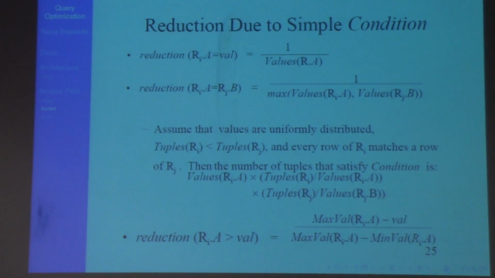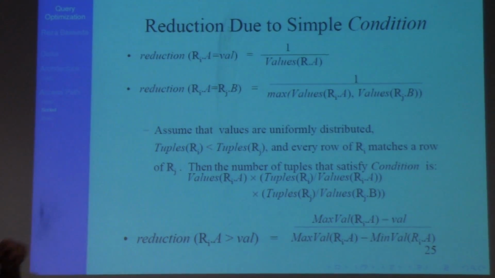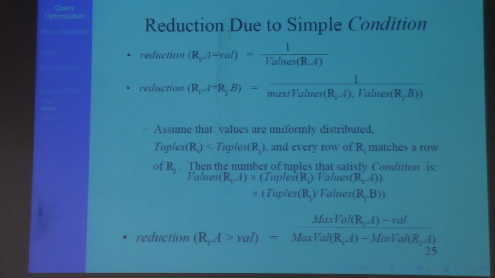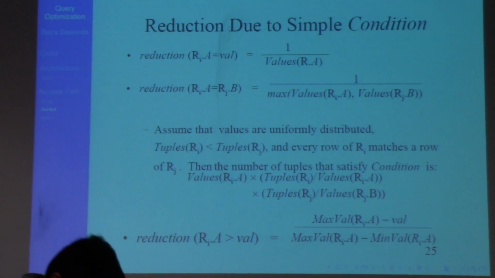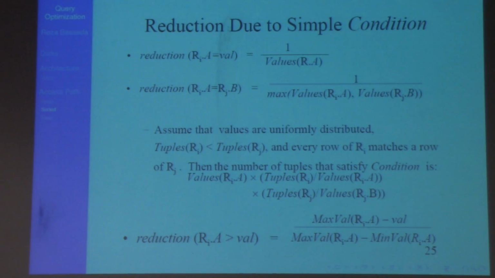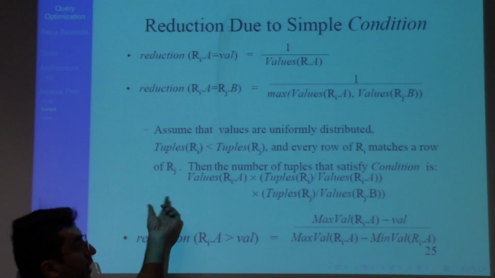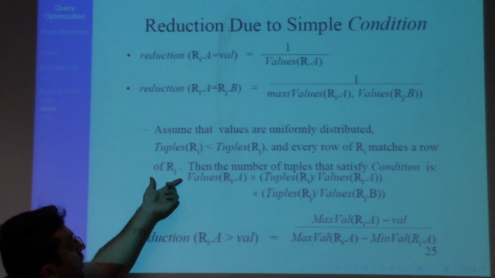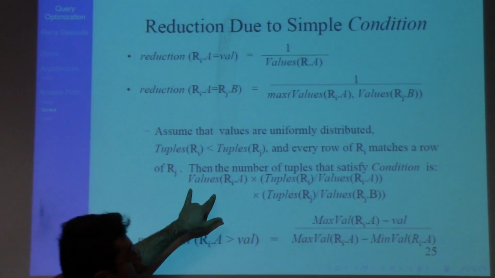This is also another explanation of how we compute. Assume that the values are uniformly distributed, okay? So if the number of tuples of Ri is less than the number of tuples of Rj, then for every match of Ri and Rj rows, we will have how many tuples?